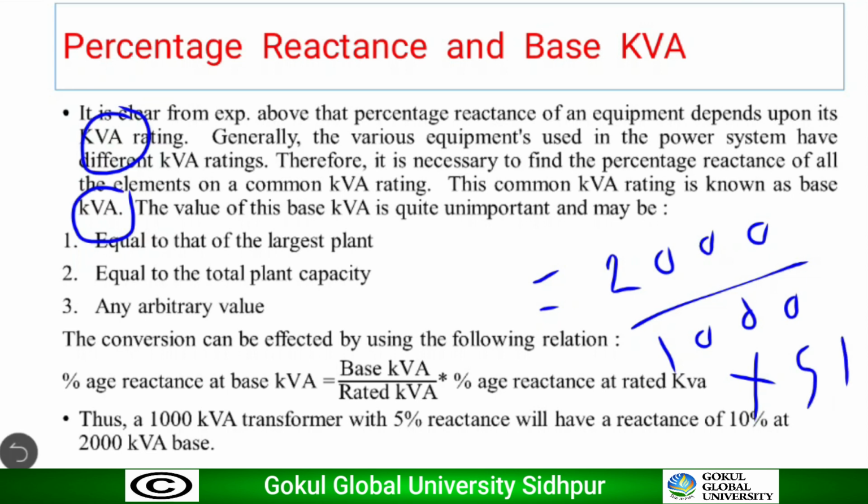So the value is 10% percentage reactance at the 2000 kVA base value.